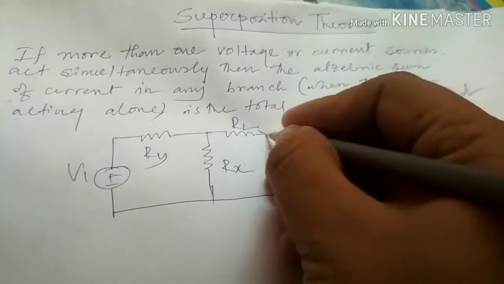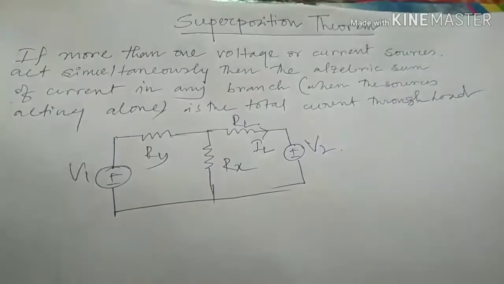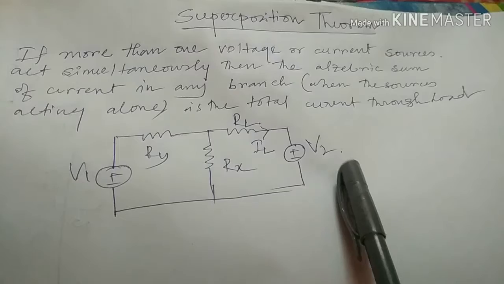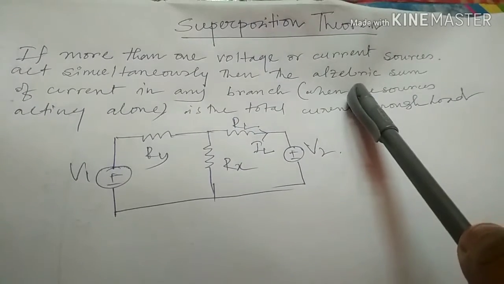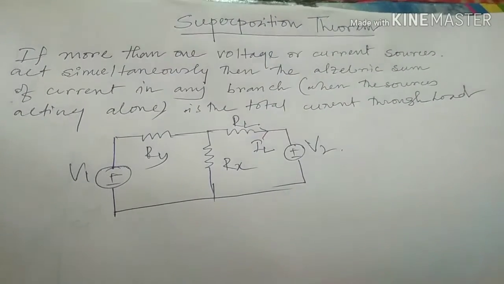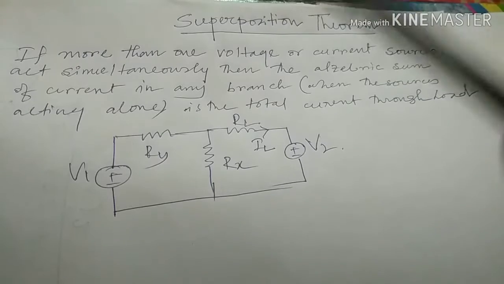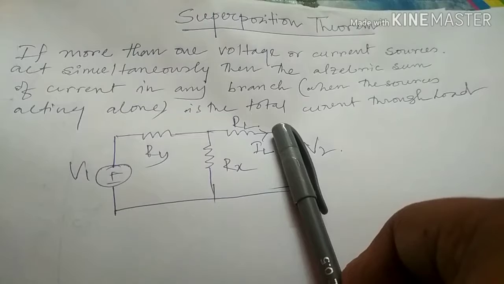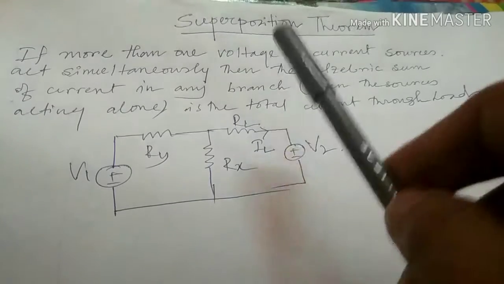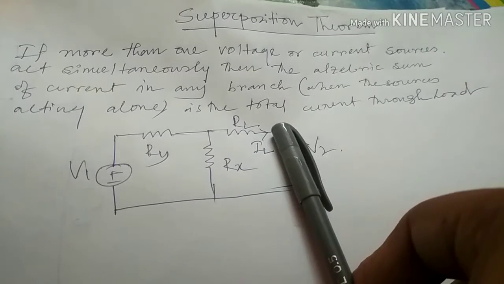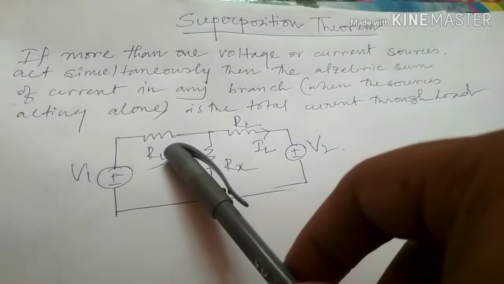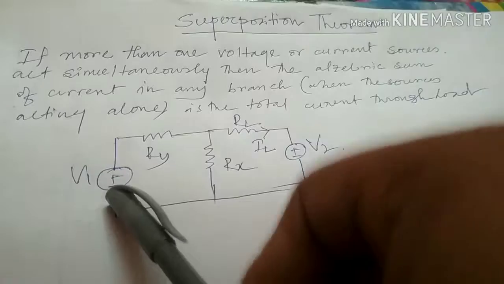This is IL. There are two voltage sources, so as per the superposition theorem, I need to calculate the current through RL when V2 is inactive and V1 is active.